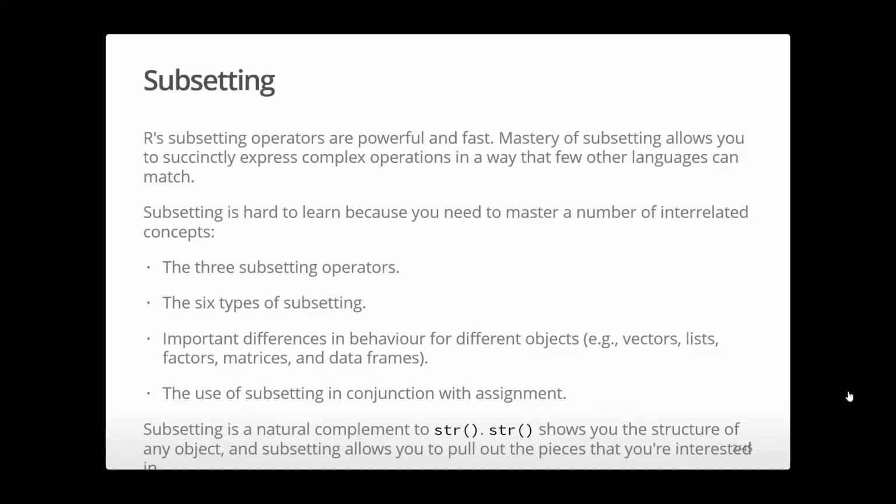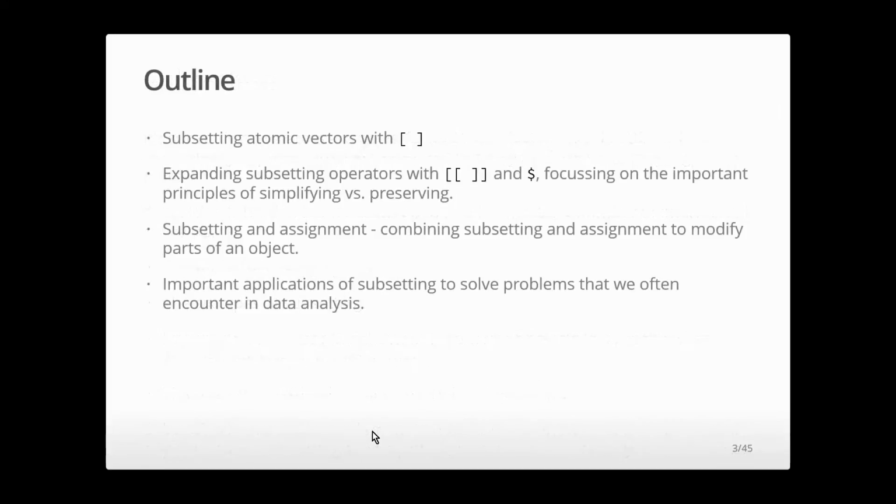We'll take a little bit of a deeper look at how some of this stuff works. Of course you're familiar with the str structure command, which shows you how things are broken out. This is probably the most basic way to subset using the bracket notation, and then we also have double bracket for lists and things like that.